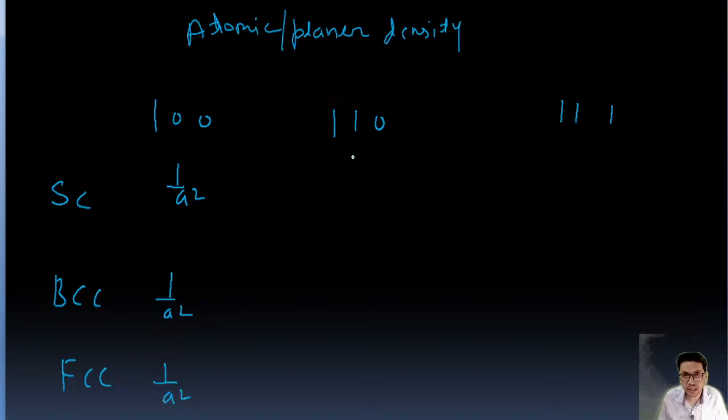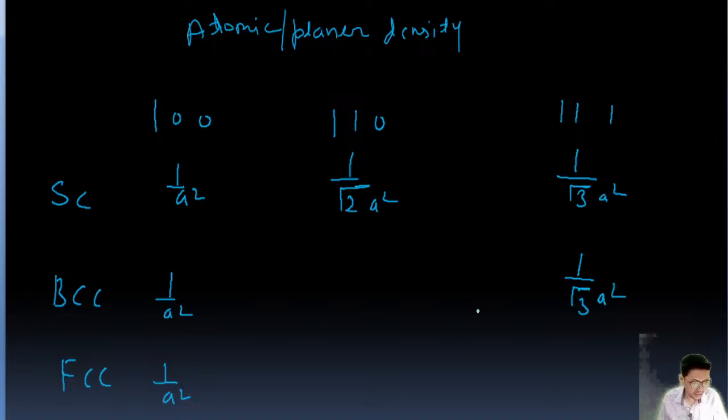Similarly, 1 upon root 2 a square. And this is 1 upon root 3 a square, 1 upon root 3 a square, and here 1 upon a square. Here we just will change this position.